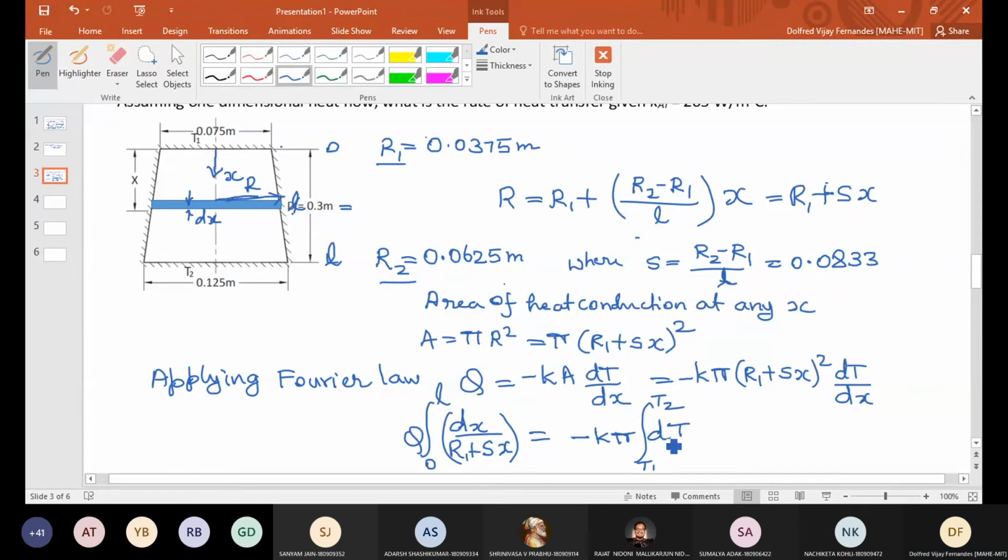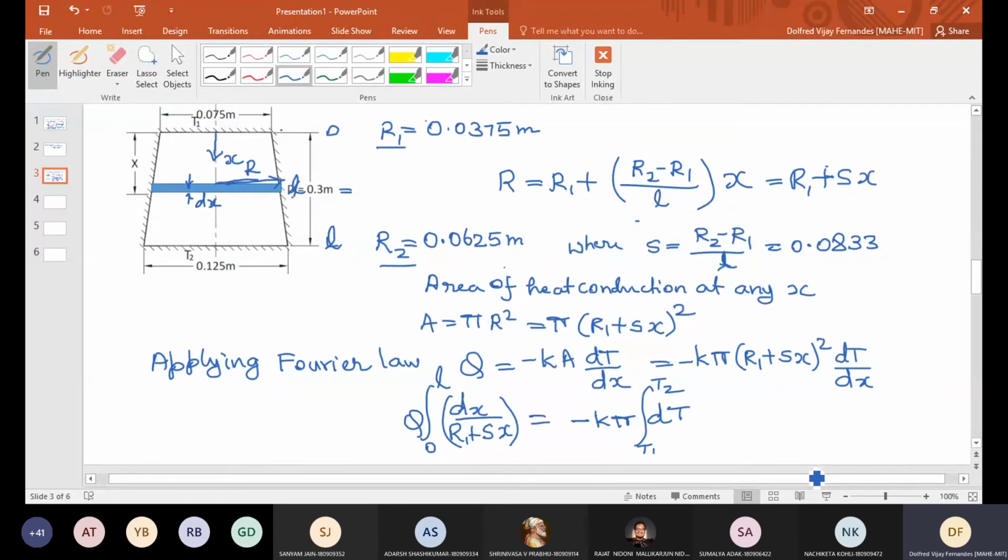So can you integrate this? I'll transfer the same equation to the next slide.